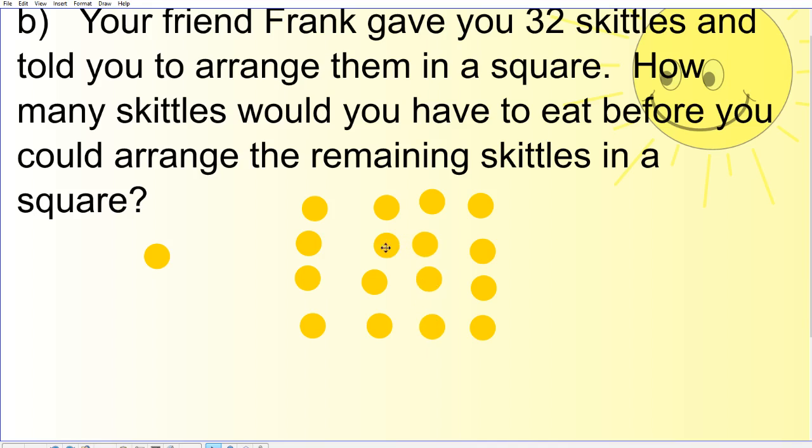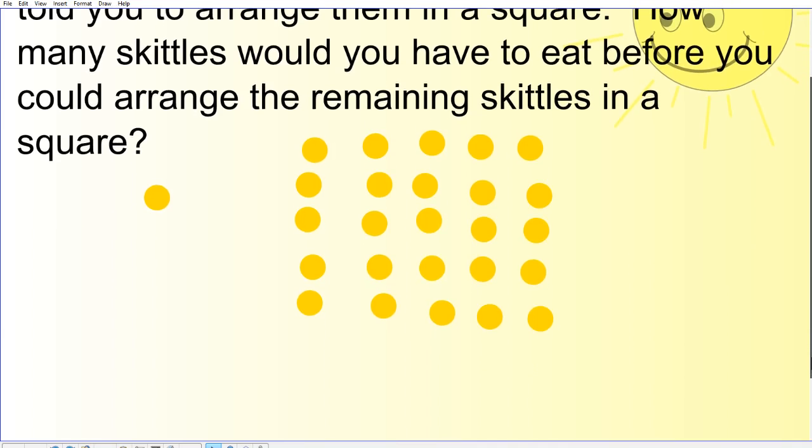So right now I have a square that's 4 by 4. So when I add another row here, I'm going to add another column here to try to keep this into a square. So I have 16, 17, 18, 19, 20. There's 5 on this side now. 21, 22, 23, 24, 25. It's back to a square.